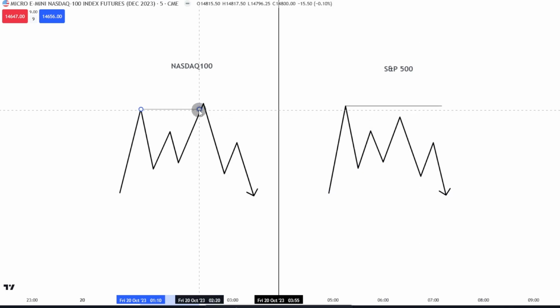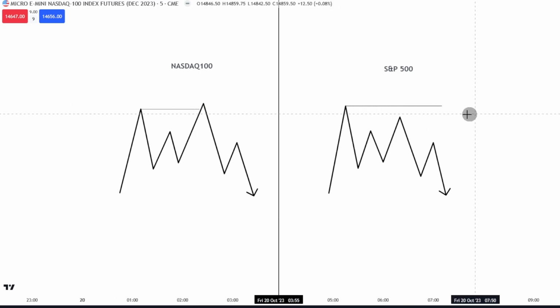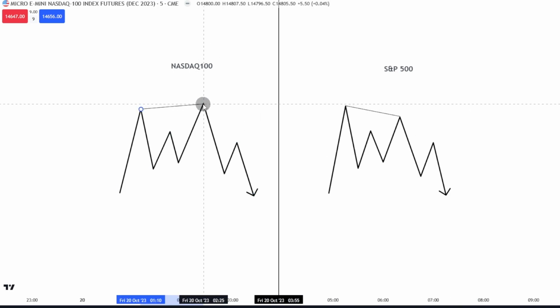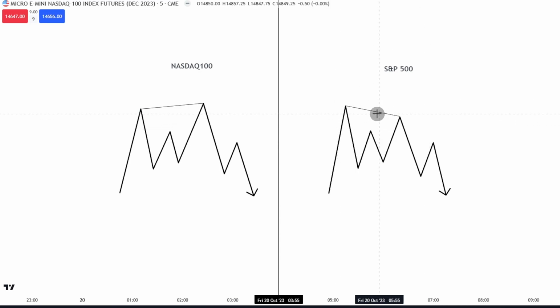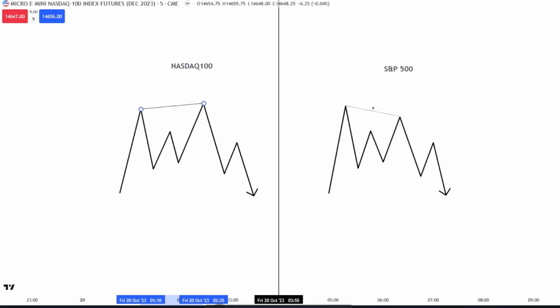Okay, so this is what we would call a bearish SMT. This doesn't get simpler than this, really. You could draw it like this to make it easier for the eyes. The NASDAQ took out the high, the S&P did not. So this now becomes a bearish SMT, okay?